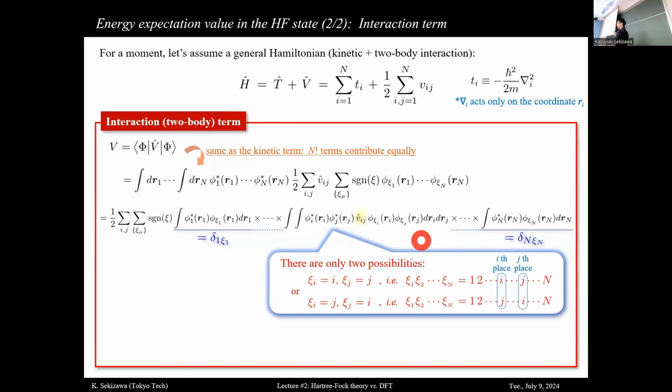But there remains another possibility. We can exchange xi i and xi j. So xi i equals j and xi j equals i. So the numbers i and j are flipped.